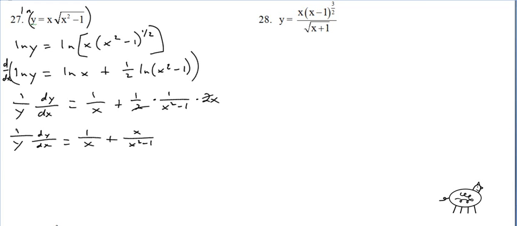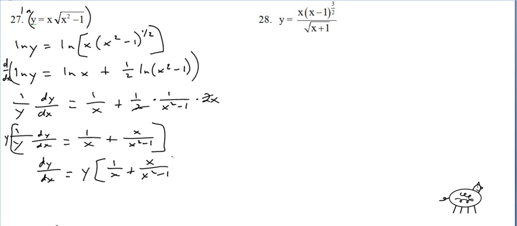All right, and then of course, I want to solve for dy/dx. My whole goal here is to multiply everything by y. So I get dy/dx is equal to y times (1 over x plus x over x squared minus 1). And of course, you can't leave it like that. You guys know better than that, right? And what's y? Well, here it is up here, y is equal to that value.